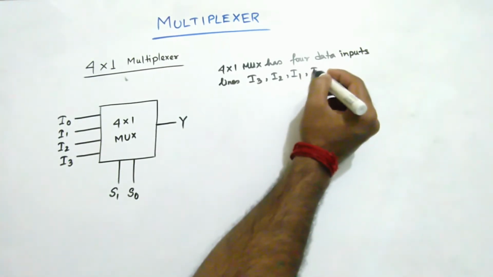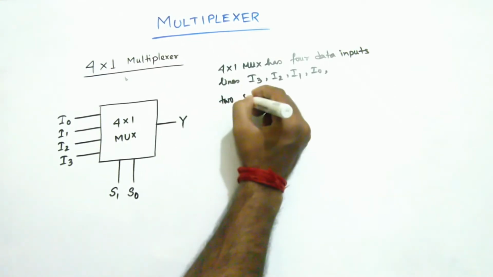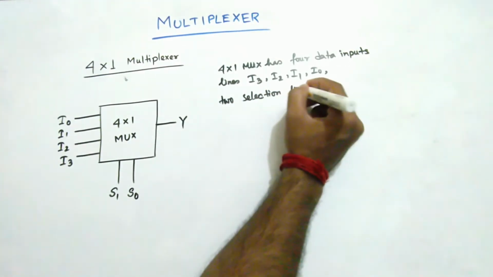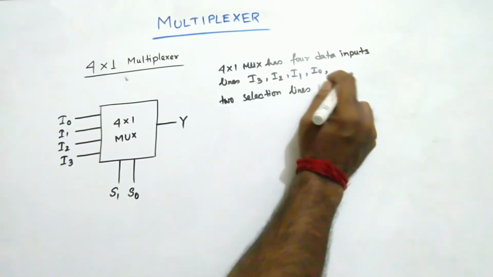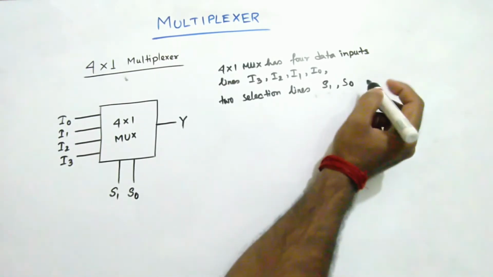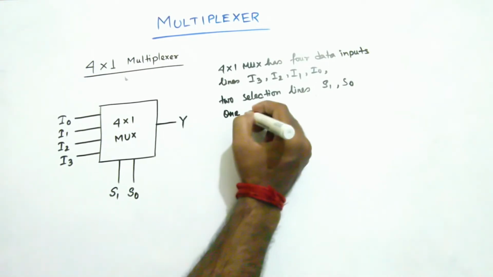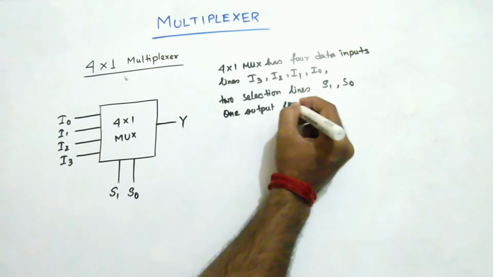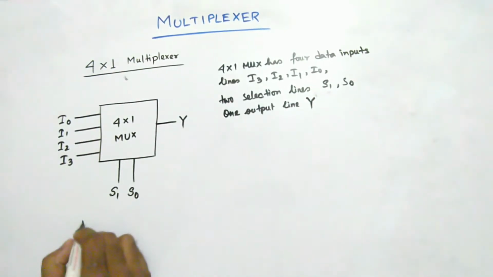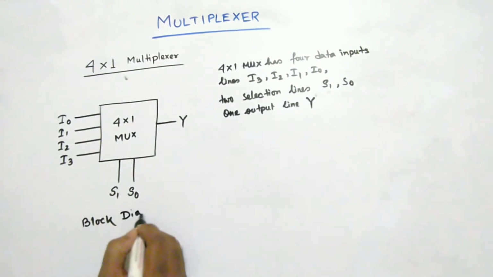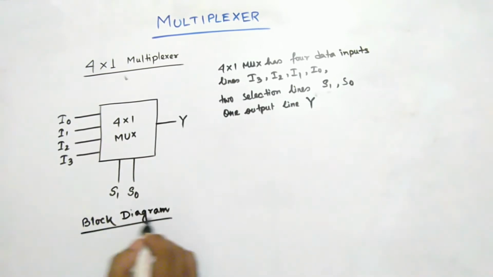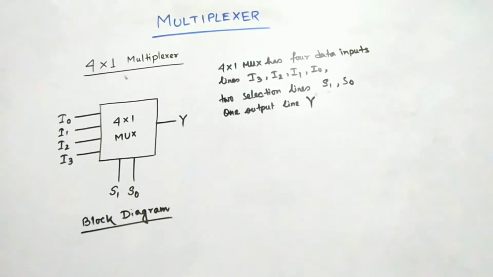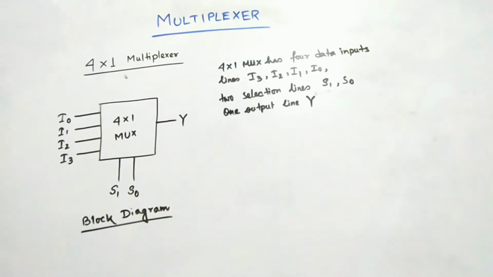Since we have 4 data input lines, there will be 2 selection lines, namely S1 and S0, and also one output line which is Y. So this is the block diagram of a 4 cross 1 multiplexer having 4 input lines, 2 selection lines and one output line Y. One of these 4 input lines will be connected to the output based on the combination of input present at these 2 selection lines.